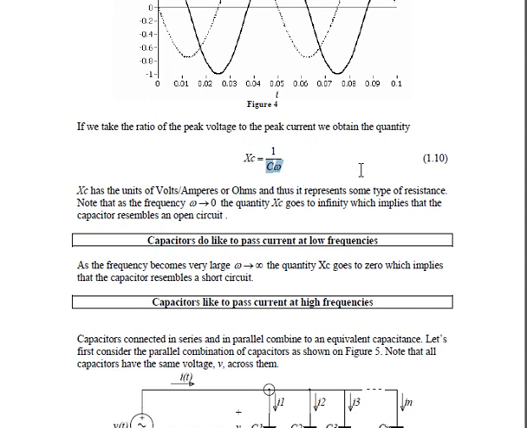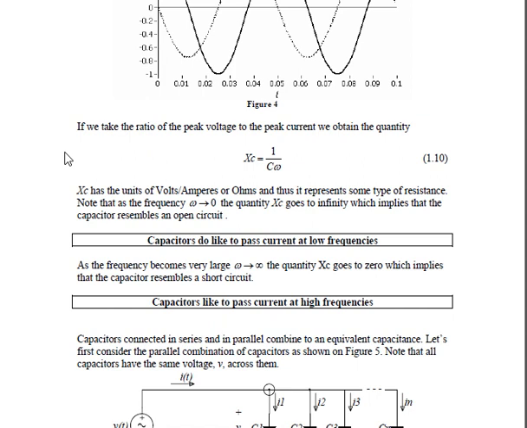For the inductor, the equivalent reactance is just the multiplication of omega and L. For the capacitor, XC equals 1 over C omega.